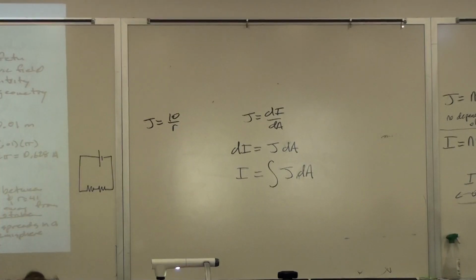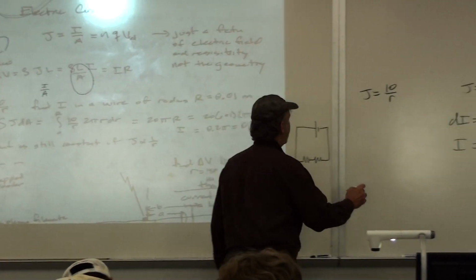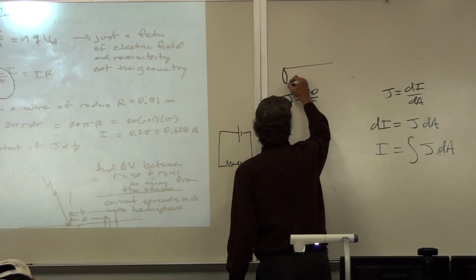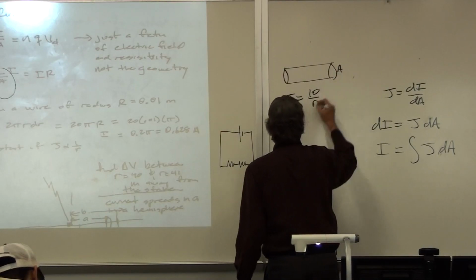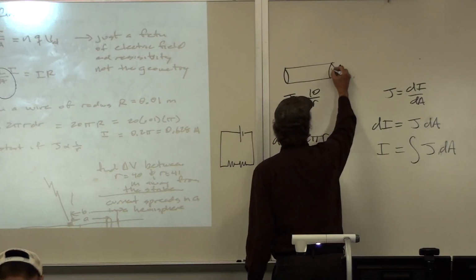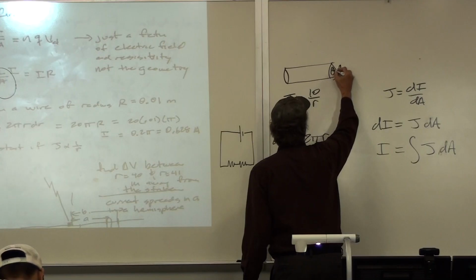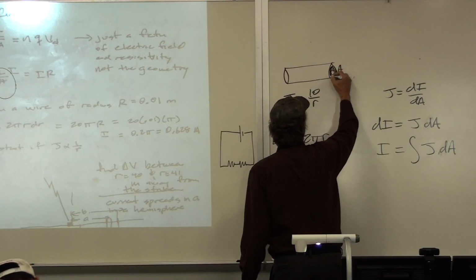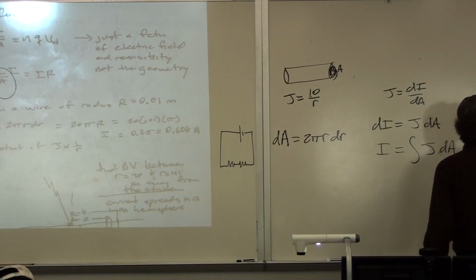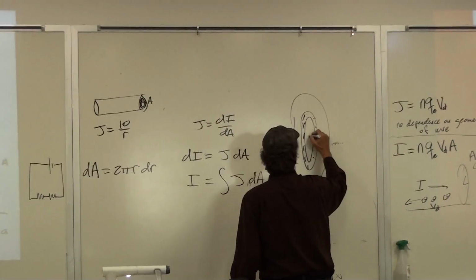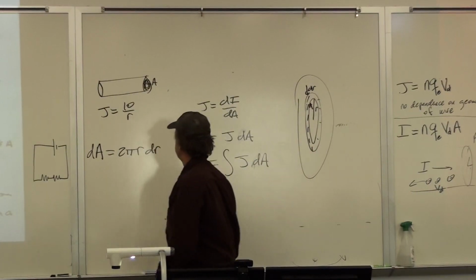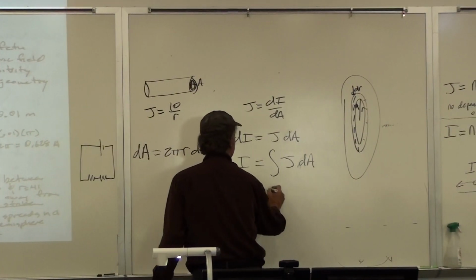And so if we plug that into this expression, then what's dA? Well, if this is a constant cross-sectional area, A, we can say that dA is equal to 2 pi R dr. So at some radius r, you've got a circumference, 2 pi r, times the thickness, which is dr. And so we've just plugged that into this expression.